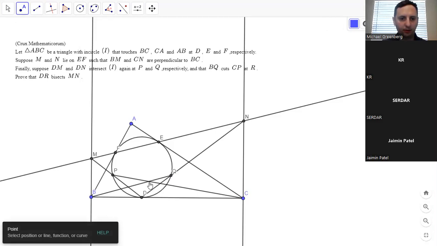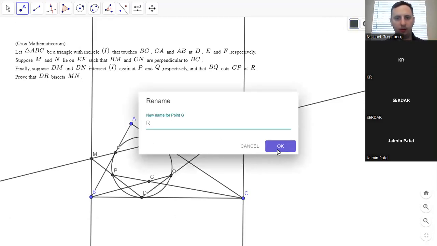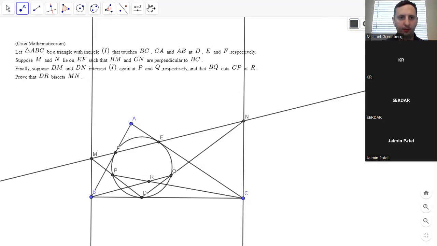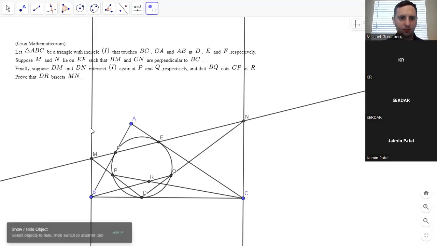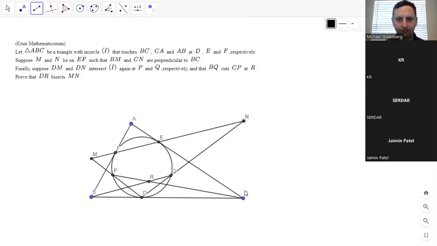So, a nice little configuration. That's R. And now I'm going to hide stuff. 1, 2, 3. And that is the problem. So maybe projective geometry might be helpful.